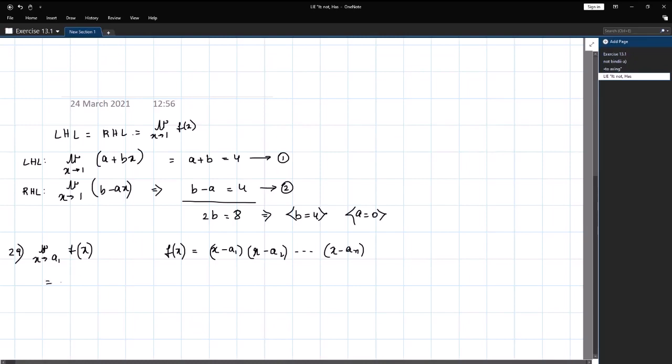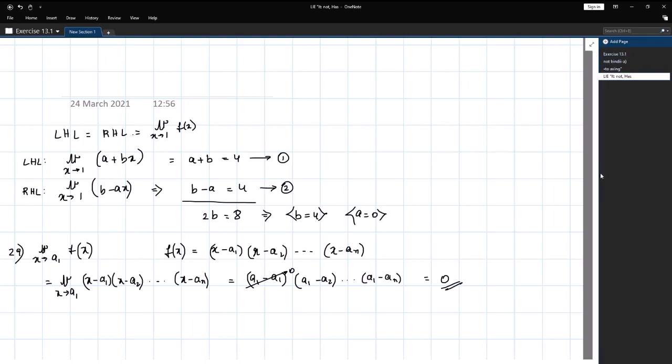So this limit will be equal to limit x tends to a1 of x minus a1 into x minus a2 and so on up to x minus an. So what we'll have is a1 minus a1 into a1 minus a2 and so on up to a1 minus an. So this will be equal to 0. The whole limit will be equal to 0.